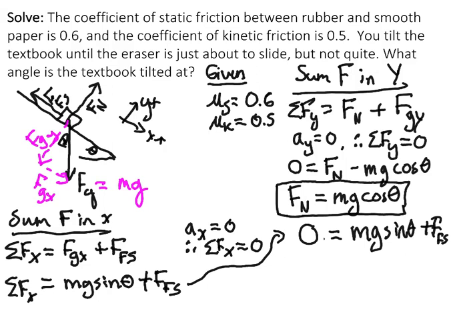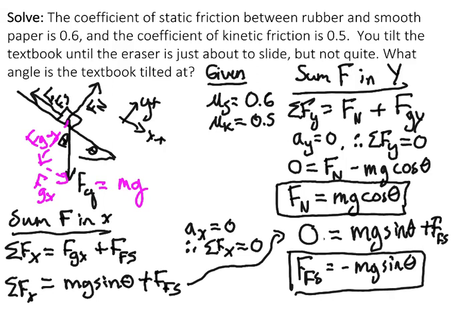I can rearrange that: I can move static friction to the other side, and I would get Ffs is negative mg sine theta. All right, so those two things look kind of useful together. I have the normal force, and I have the static friction force. I have those two little equations there.